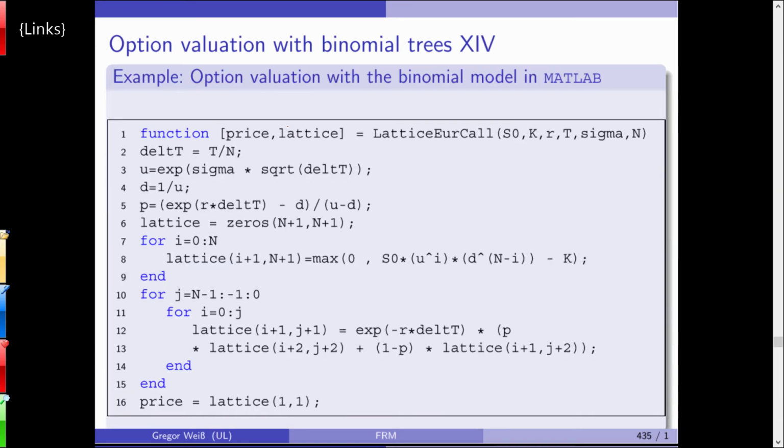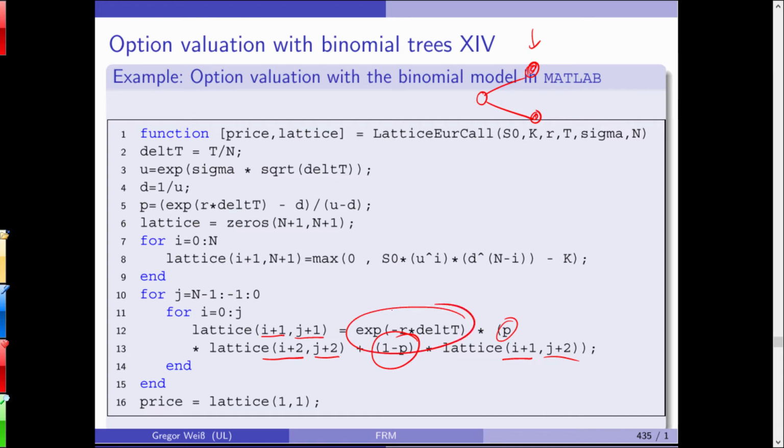And then what we do is we take the value of the lattice here, which is given by the two values in the previous lattice. So lattice I plus 1 is given by lattice I plus 2 and lattice I plus 1 here. Actually here j plus 1, j plus 2, j plus 2. And we're taking these two values times p and 1 minus p, discounted with the risk-free rate.